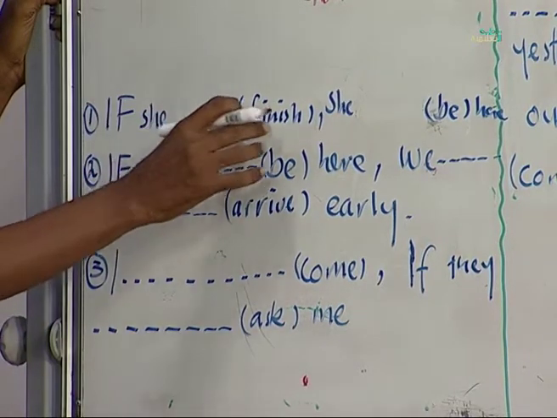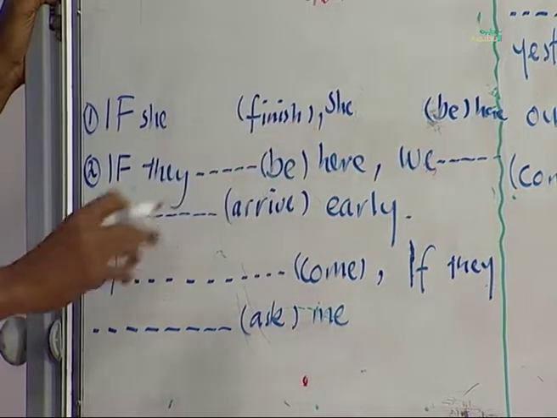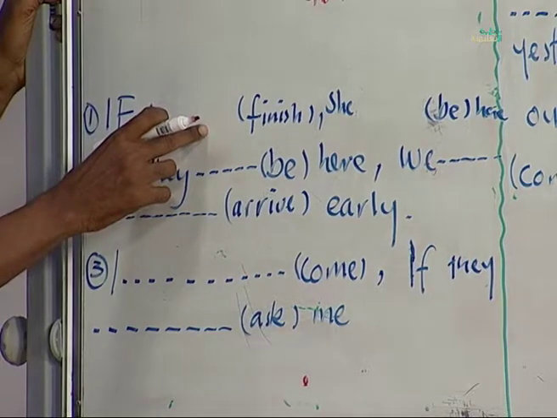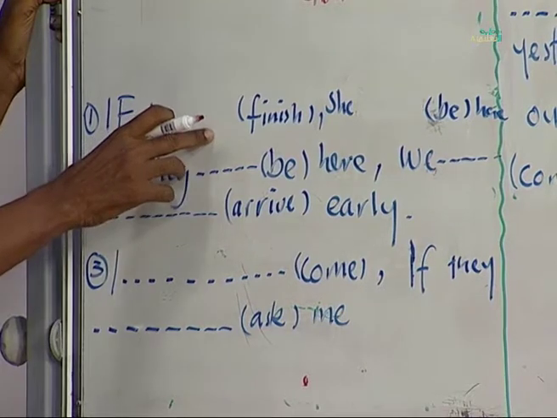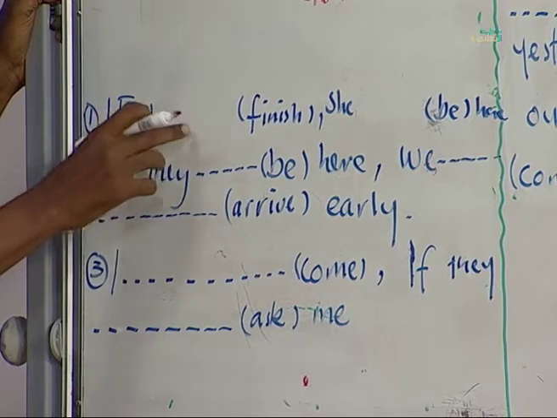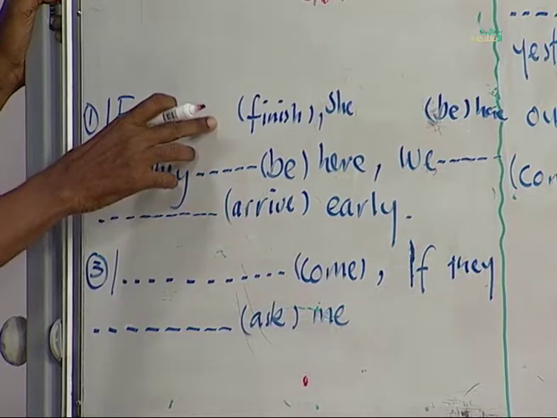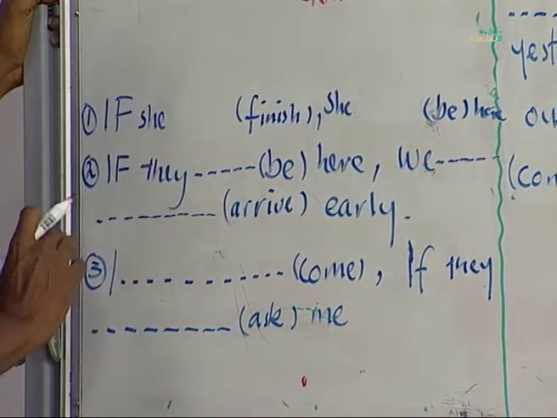From the two verbs which we have, I can do it in two types: first type and third type. Why? Because the second type is not going to be used here. But here, we are going to use the third type.